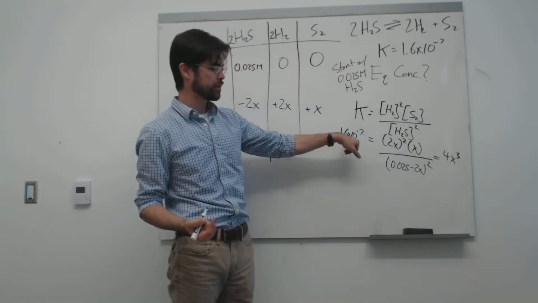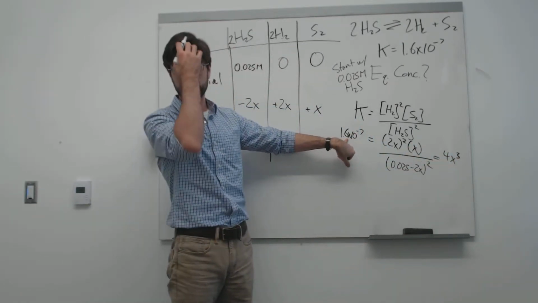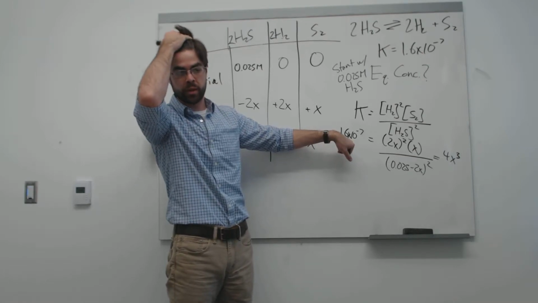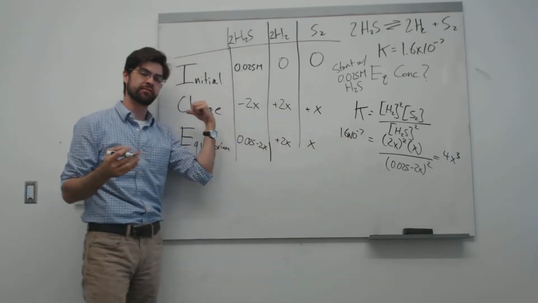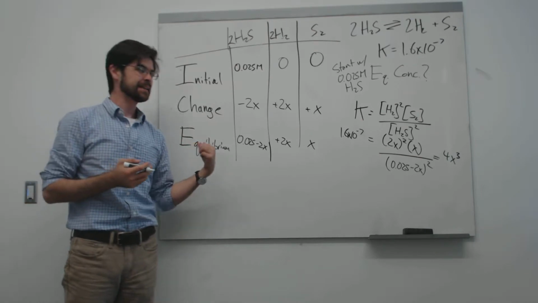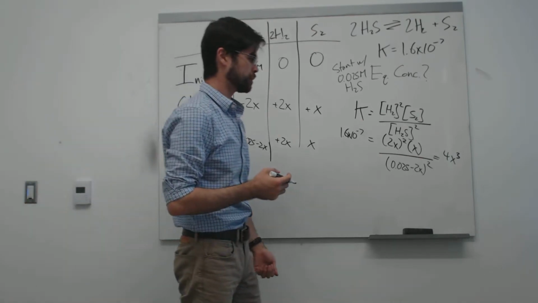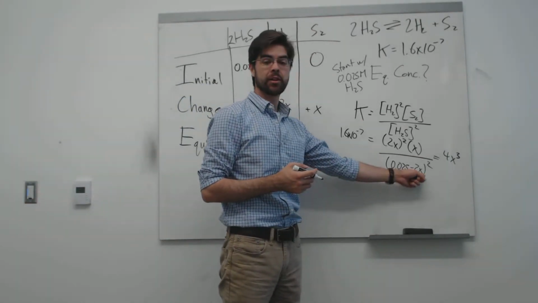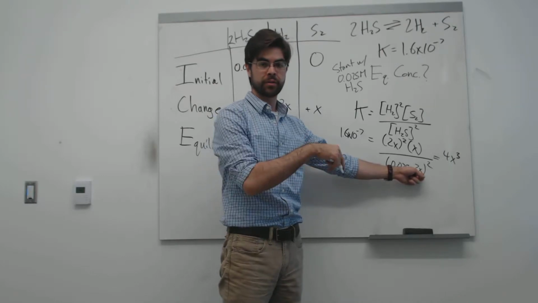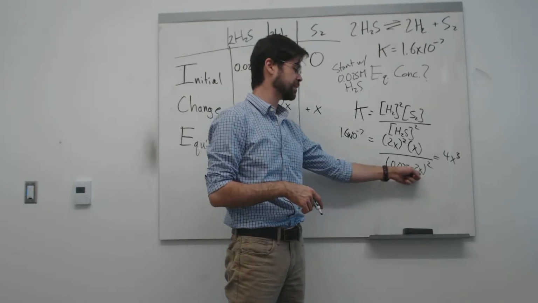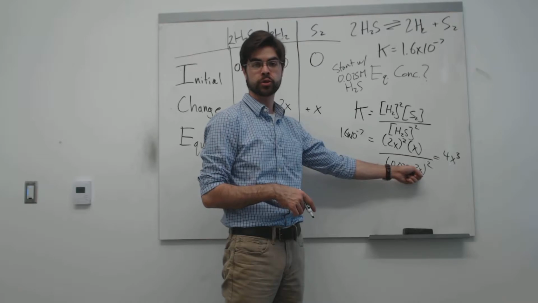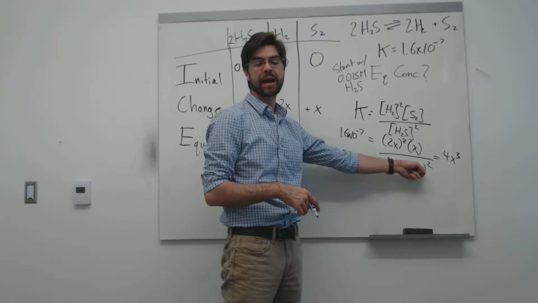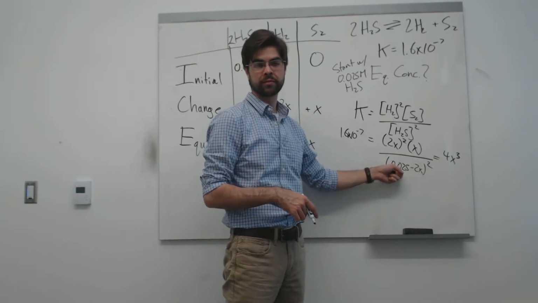And then I can say, okay, wait a minute, the equilibrium constant is really small. This reaction is going to heavily favor the reactants. Not a ton of products will be generated. If not a large number of reactants are converted into products, then I expect this value to be very, very close to 0.025. I'm subtracting a small number from a relatively large number.